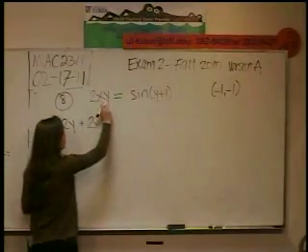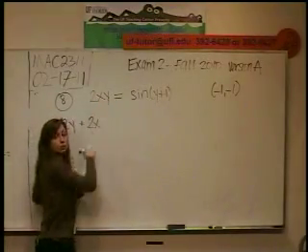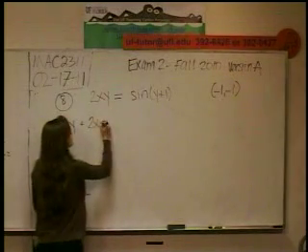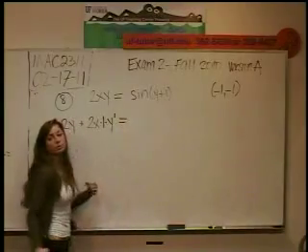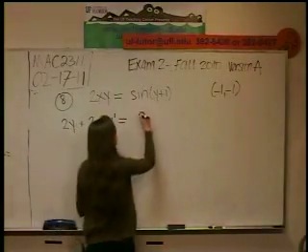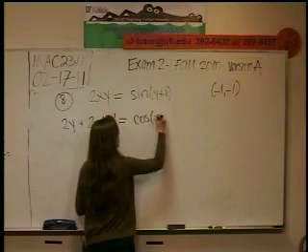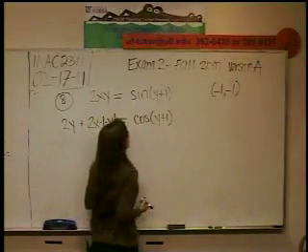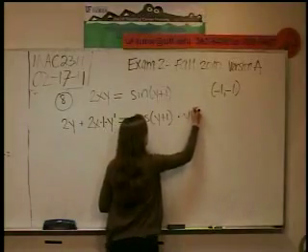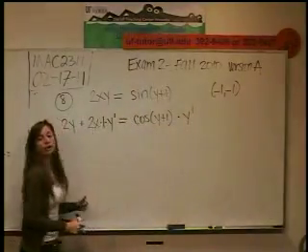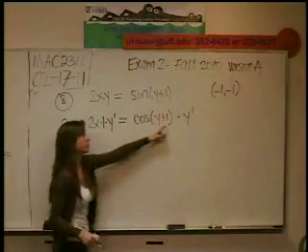The derivative of y is 1, but we also have to multiply by y prime since we're doing this implicitly. Here we have the cosine of y plus 1, and the derivative of the inside is y prime, and the derivative of a constant is 0.